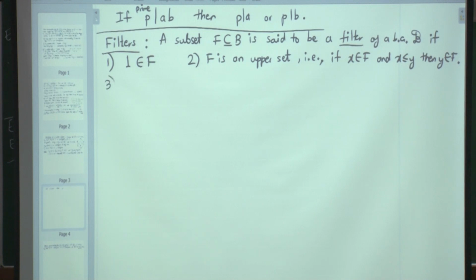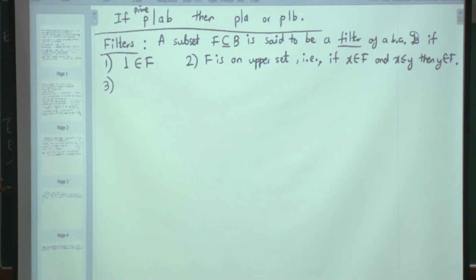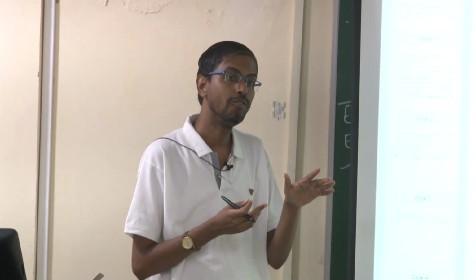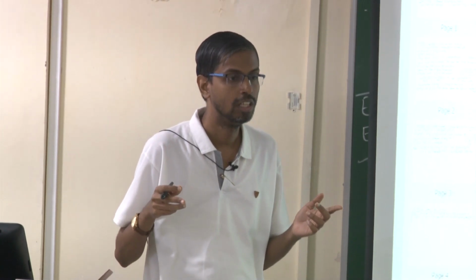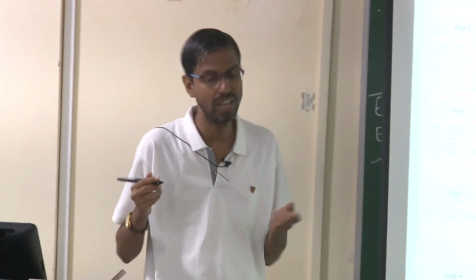And the third property, okay, so far what we have defined is just a non-empty upper subset. But we want to distinguish between those upper subsets which are special, which are filters. So what's the next property of a filter?